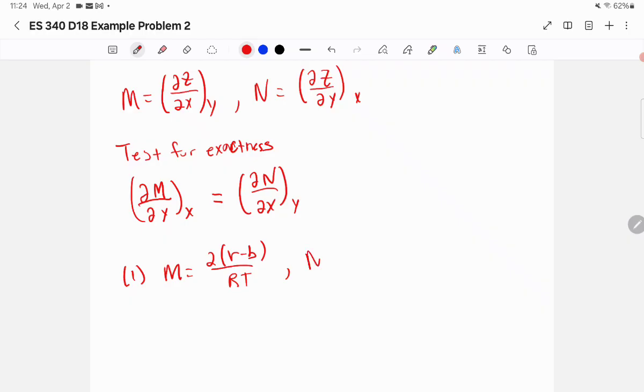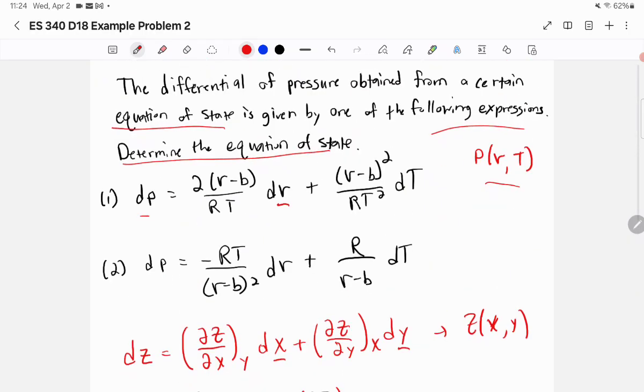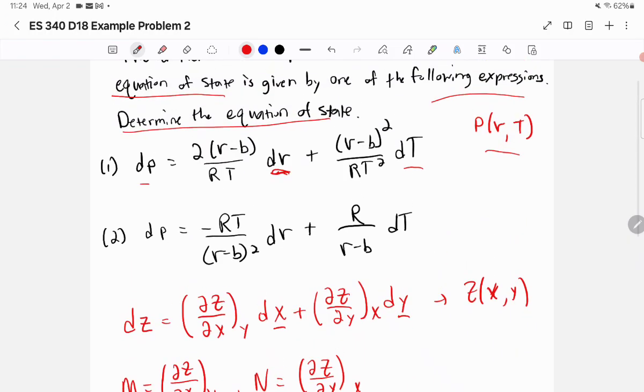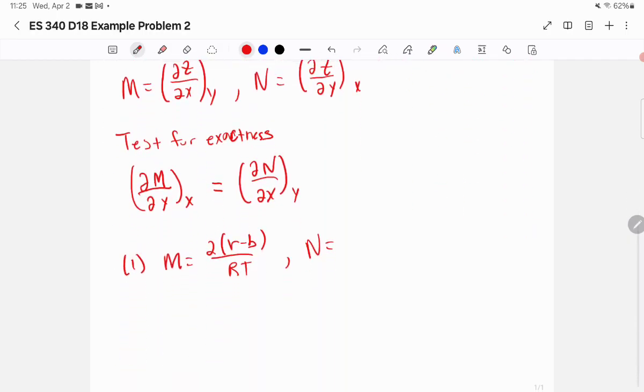And we will choose N, because this is our exact differential rather than partial. And here, obviously, N has to be (V minus b) squared over RT squared.